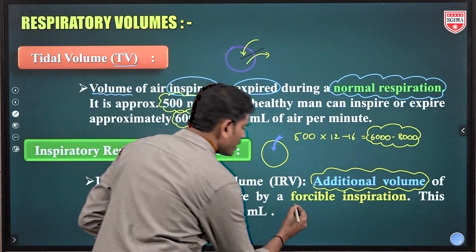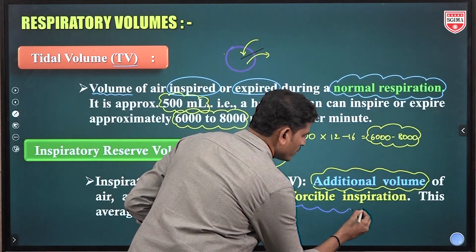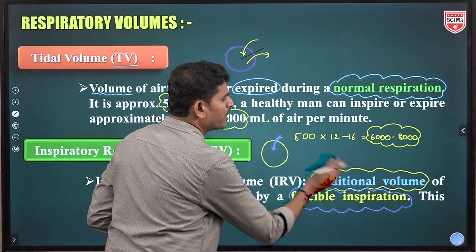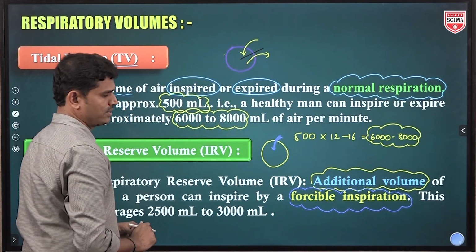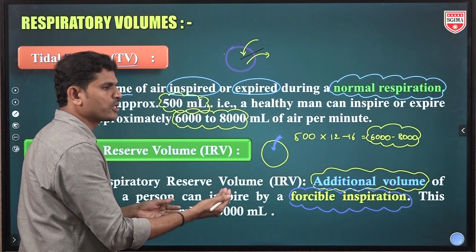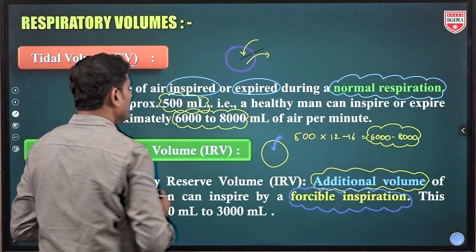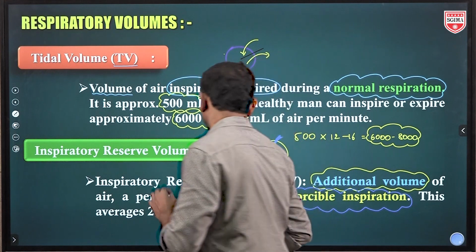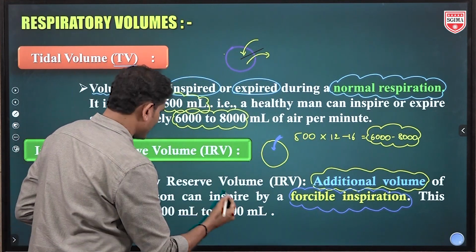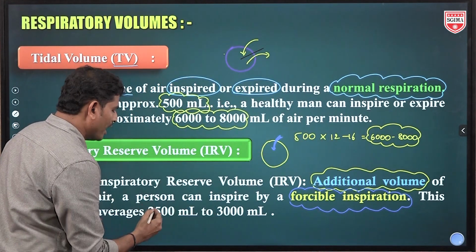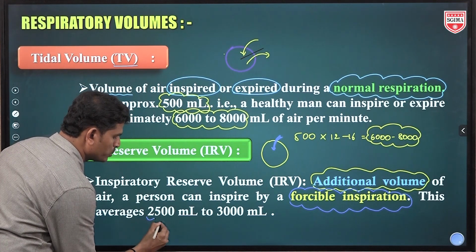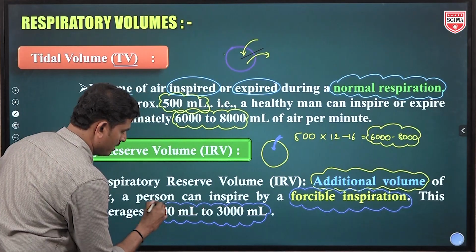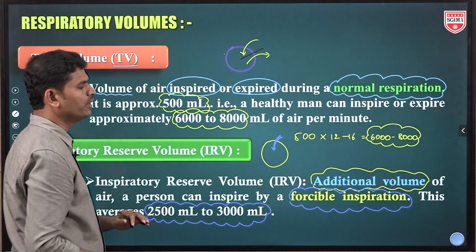So we have to remember here: it is forceful inspiration and additional volume of air. During which one, inspiration or expiration? During inspiration, because this is the inspiratory reserve volume. Then the next thing to remember is its numerical value. That is 2500 to 3000 ml. This is also compulsory, we have to remember.